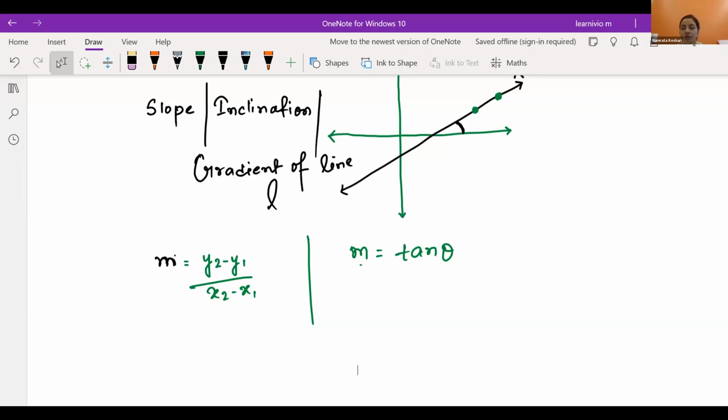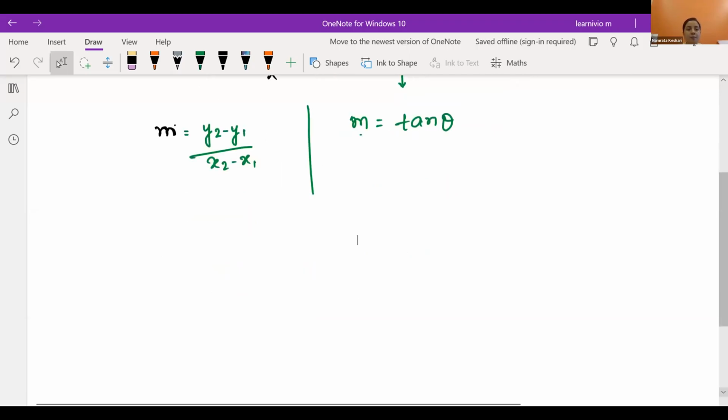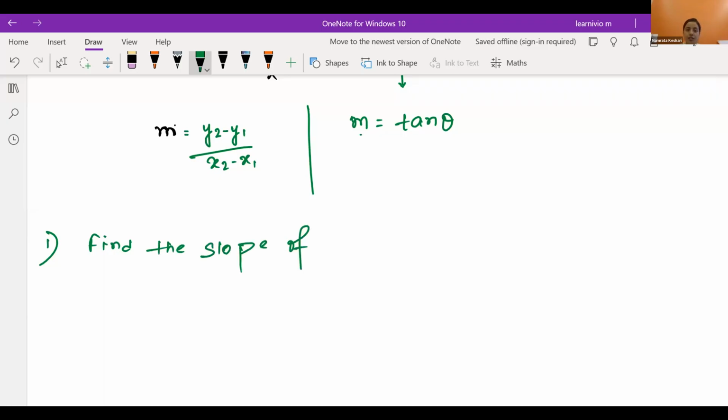Yes. Okay, now let's find the slope of a few lines when the coordinates are given. Please do it quickly. Okay, just the calculation we need to do. Find the slope of the lines passing through these points.